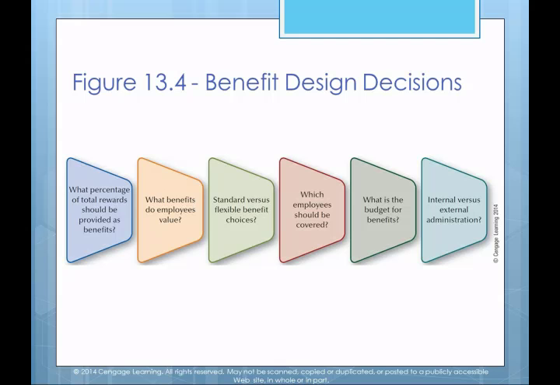And these are the decisions that we have to make in benefit design. What percentage of total rewards should be provided as benefits? What benefits do employees value? Standard versus flexible benefit choices, which employees should be covered, what is the budget for benefits, and internal versus external administration.